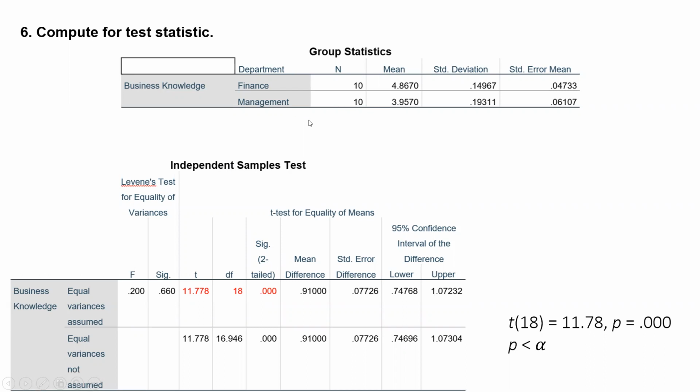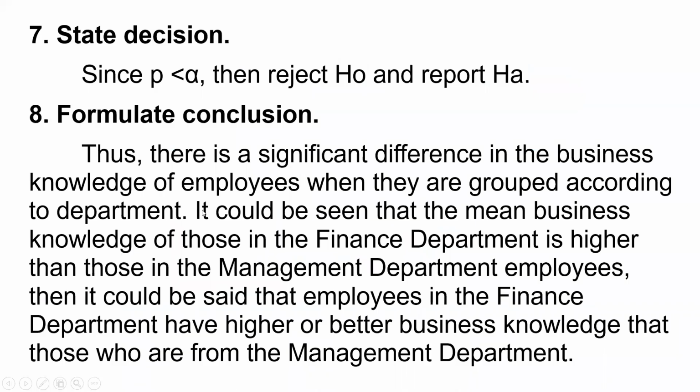That's why it has certain implications. It could be seen that the mean business knowledge of those in the finance department is higher than those of the management department employees. Then it could be said that employees in the finance department have higher or better business knowledge than those who are from the management department.